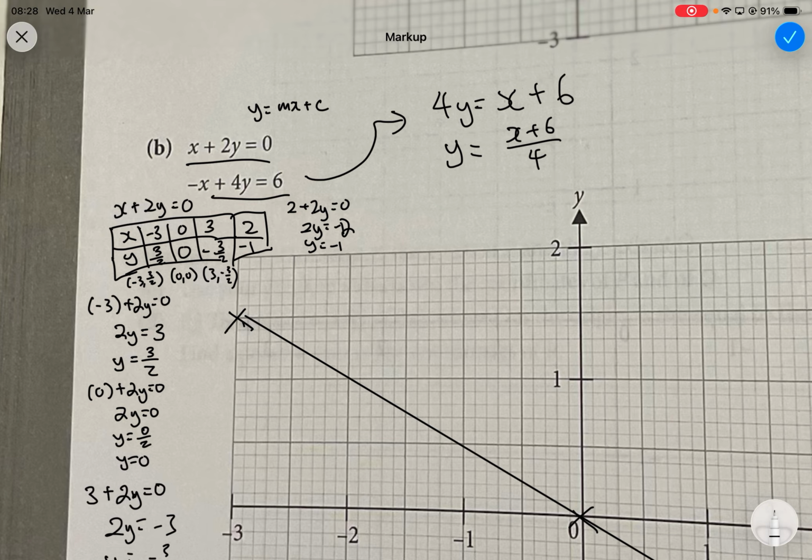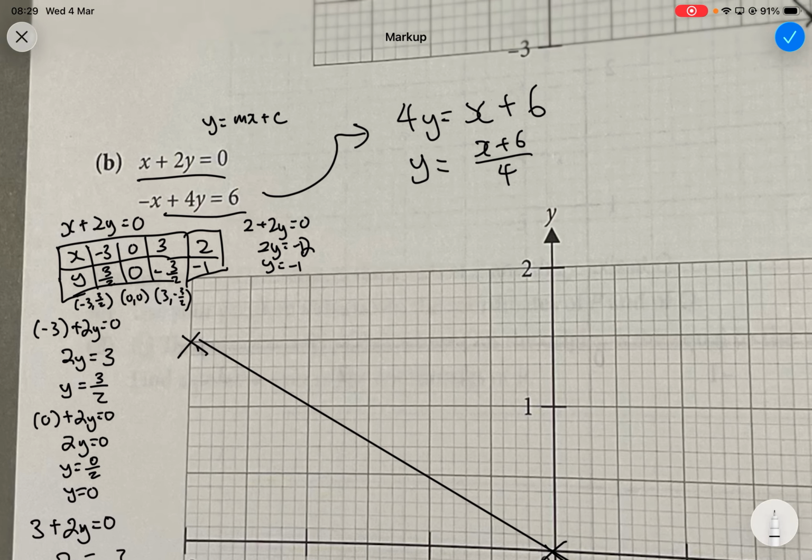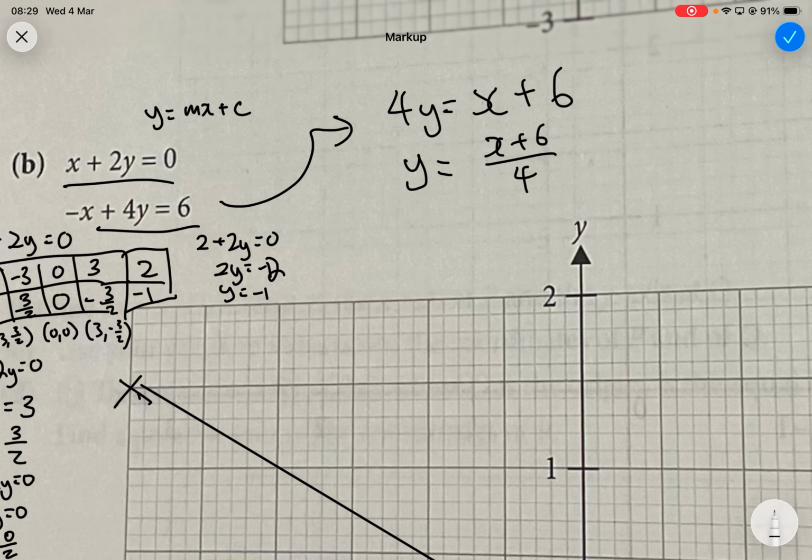Then in your primary school, when you learn about fractions, x over 4 plus 6 over 4, common denominator, we put both together. In other words, when I have x plus 6 over 4, I can also split them up. x over 4 plus 6 over 4.